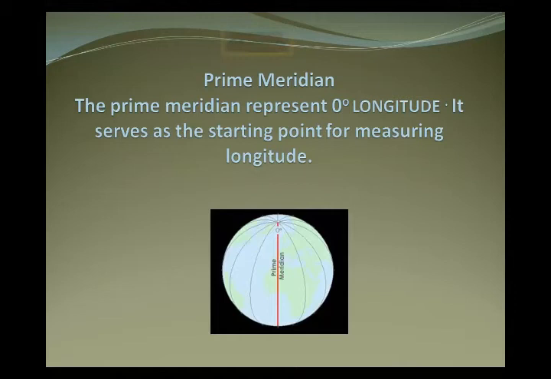Greenwich is a place in England. The prime meridian passes through Greenwich, England, the site of the Royal Observatory.